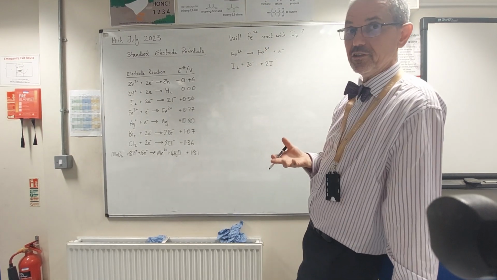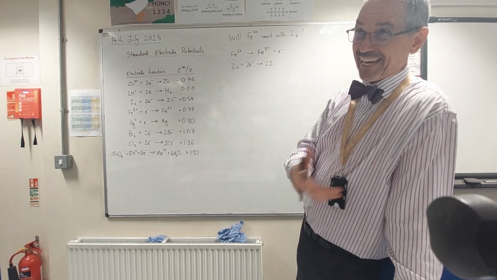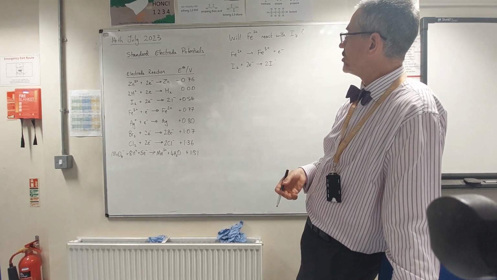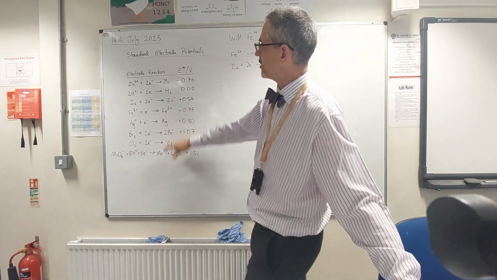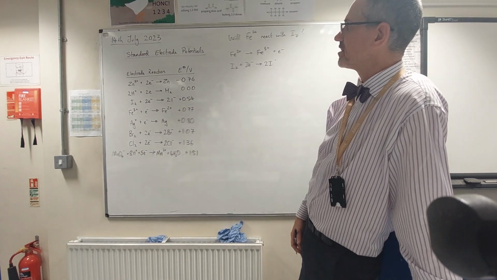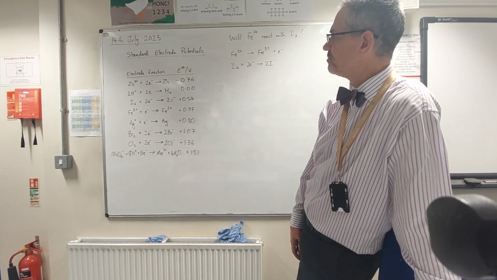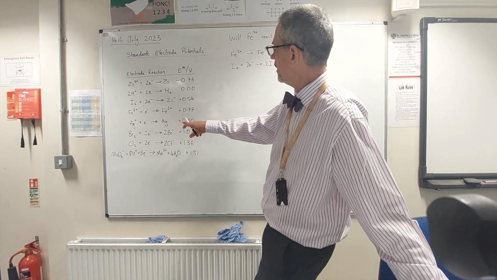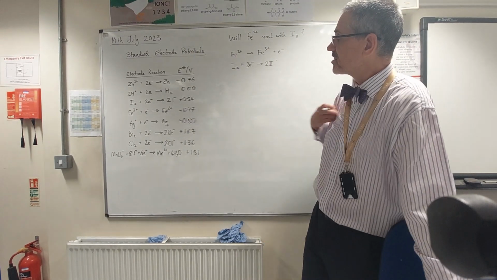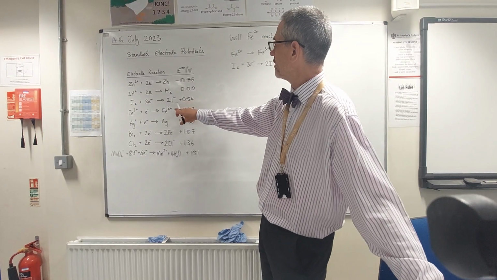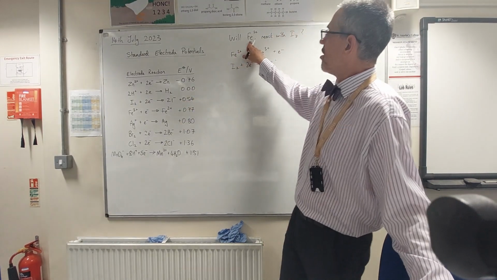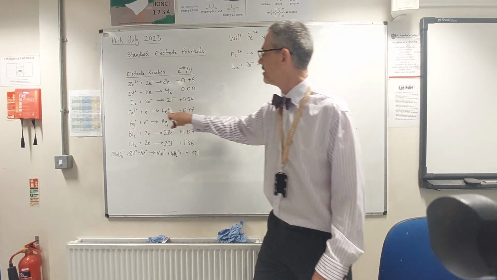Remember that we have to have a reduction and an oxidation half equation. All of our electrode reactions are printed as reduction potentials just by convention. So if I want something to be oxidized, I've got to swap it round. The question's about iron 2 plus, so I'm swapping this reaction round.